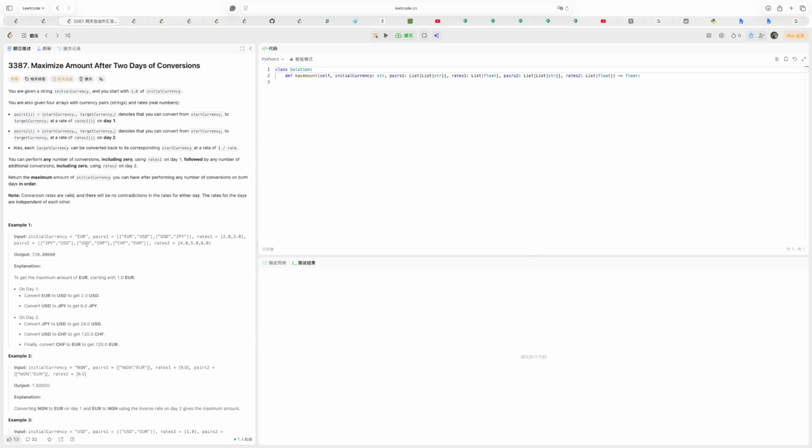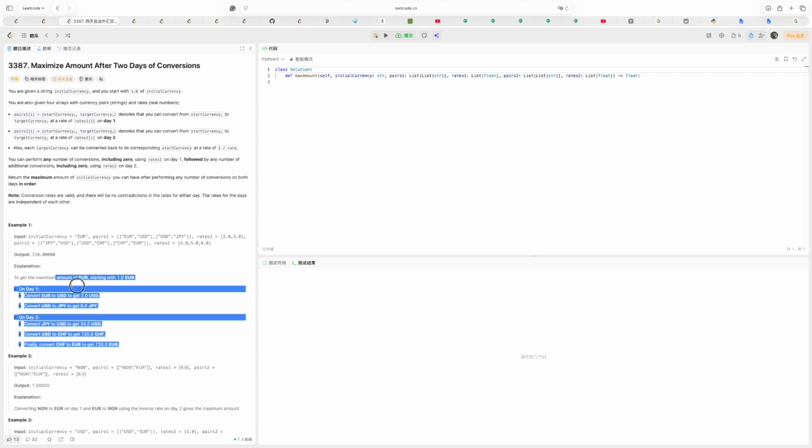For 24 to CHF, you will have 120. 120 getting back to euro, you will have 7. Okay.